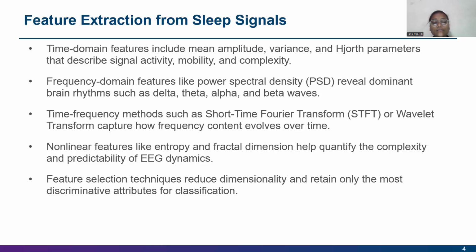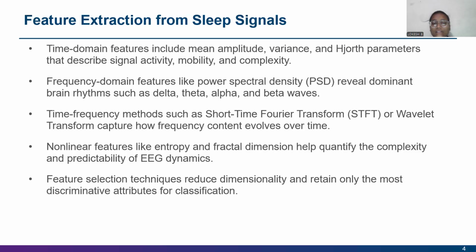The nonlinear features like entropy and fractal dimension help quantify the complexity and predictability of EEG dynamics. And these are the time domain features that include the mean, amplitude, variance, and the Hjorth parameters, which describe the activity of the signals and the mobility and complexity of the signals.